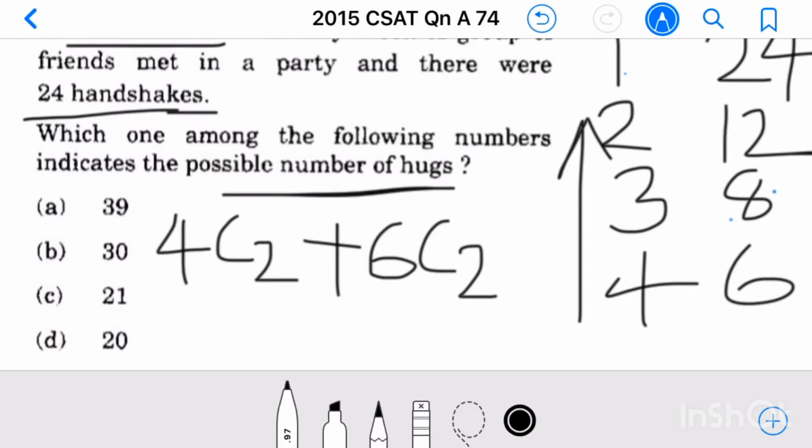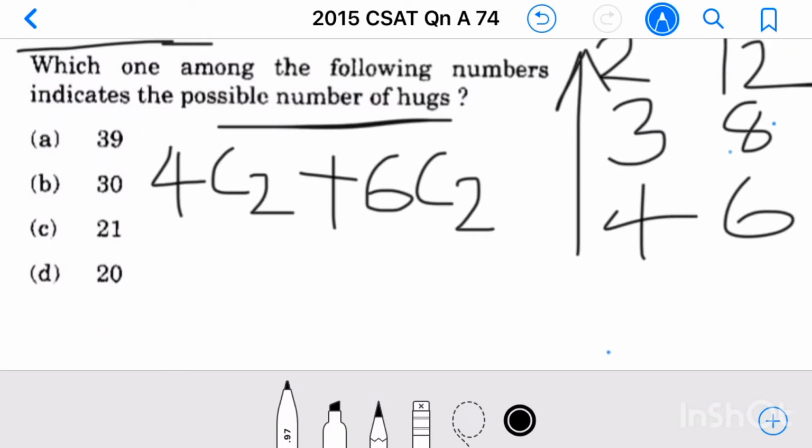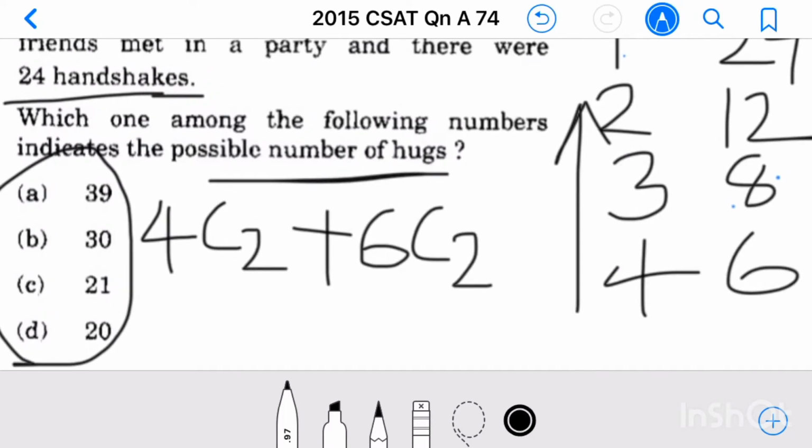Then calculating the value of 4C2 plus 6C2, let us see whether that value is matching with any of these options. If it is not matching, we will find 3C2 plus 8C2 or 2C2 plus 12C2, and any of these values matching with any of these options, that will be our answer.